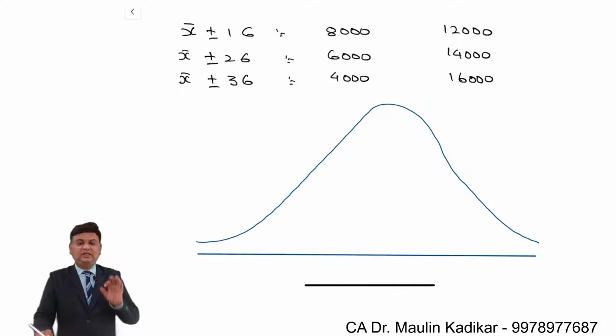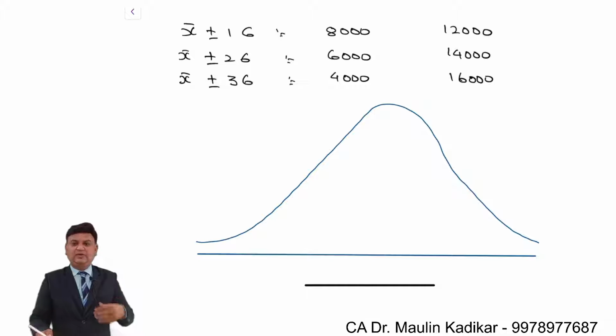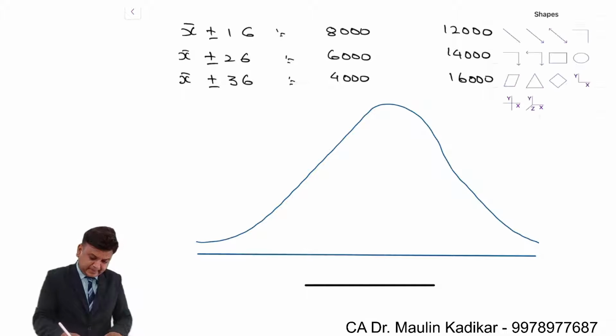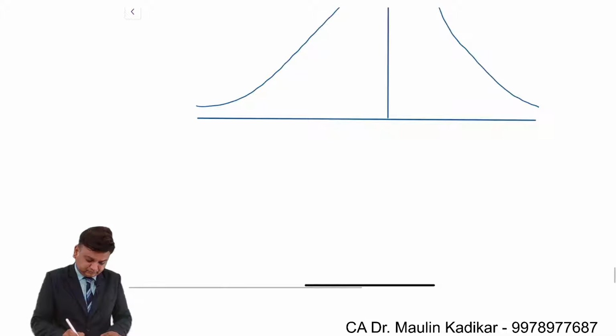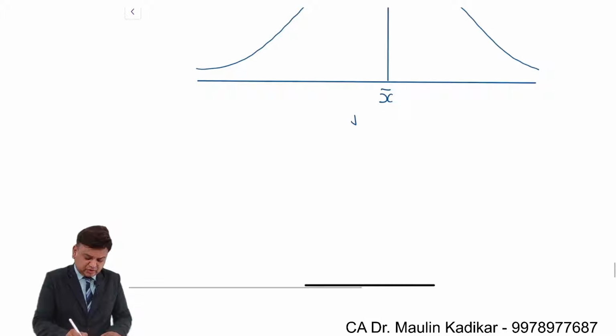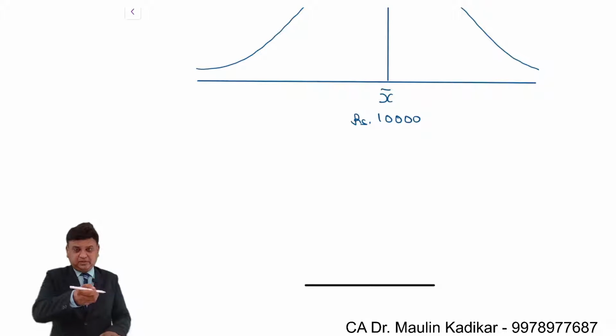We know that, in case of normal probability distribution method, we have this kind of bell-shaped curve diagram, wherein exactly in between, the value is indicating x bar. X bar is the mean value, that is an amount of rupees 10,000 in the example which I have taken over here.